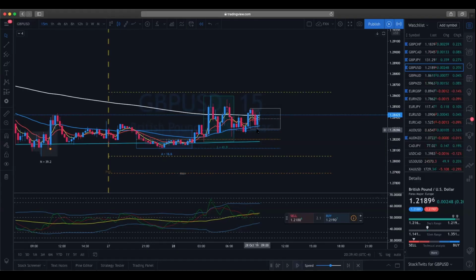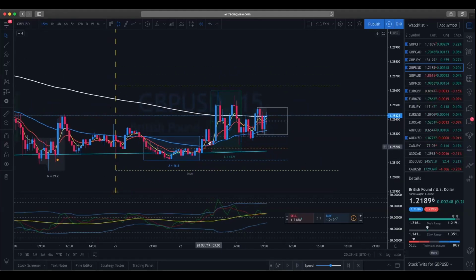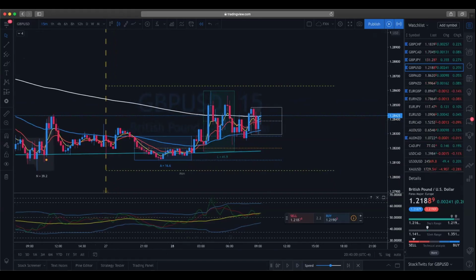It's riding above the top of the Asian range. You know it's getting pushed up by the 50, and you can see it's breaking through the 200. It's not getting a lot of pullback from the 200. The pullback is coming from the 50, because it keeps getting pushed higher and higher by the 50. Do you see that?